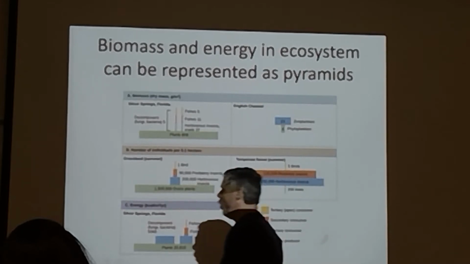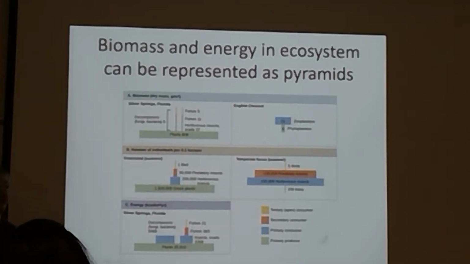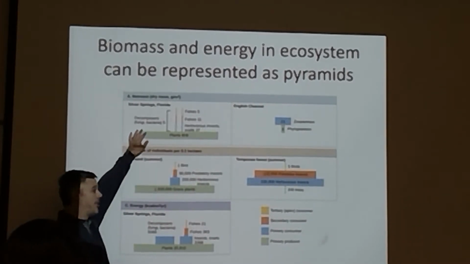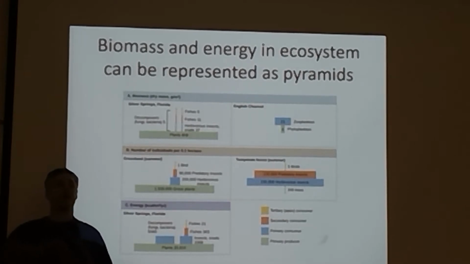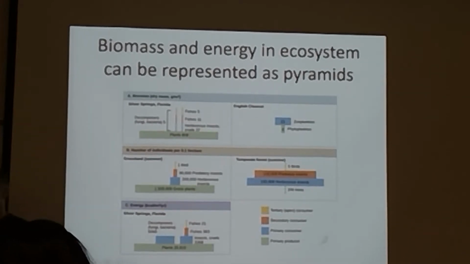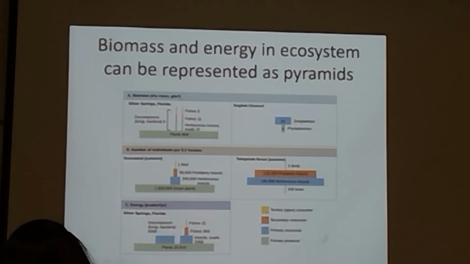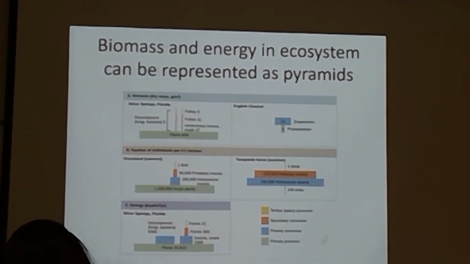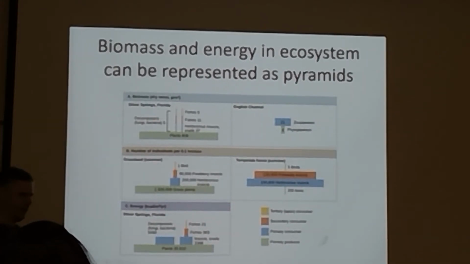If it's biomass only that's being represented in a pyramid, your units are going to be some measure of mass per unit area. So in this case, we have grams per square meter. That indicates you're looking at a pyramid based solely on biomass.